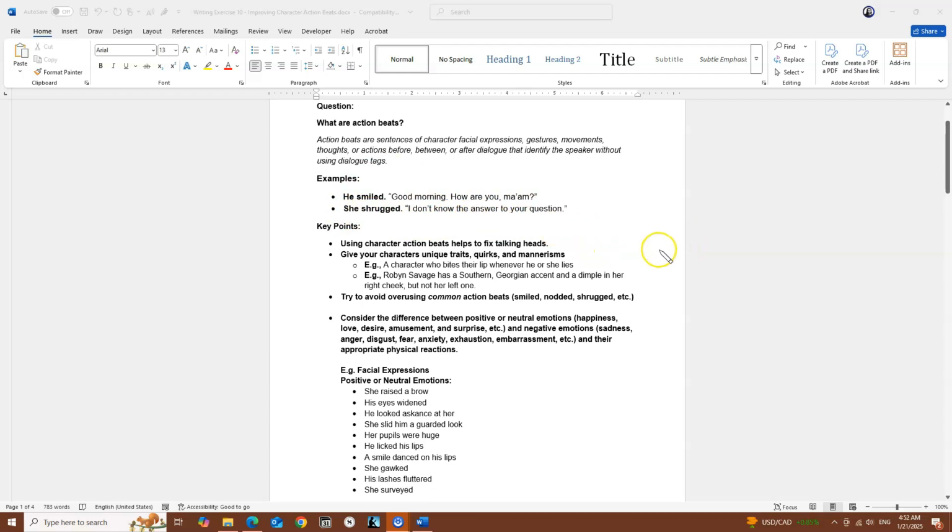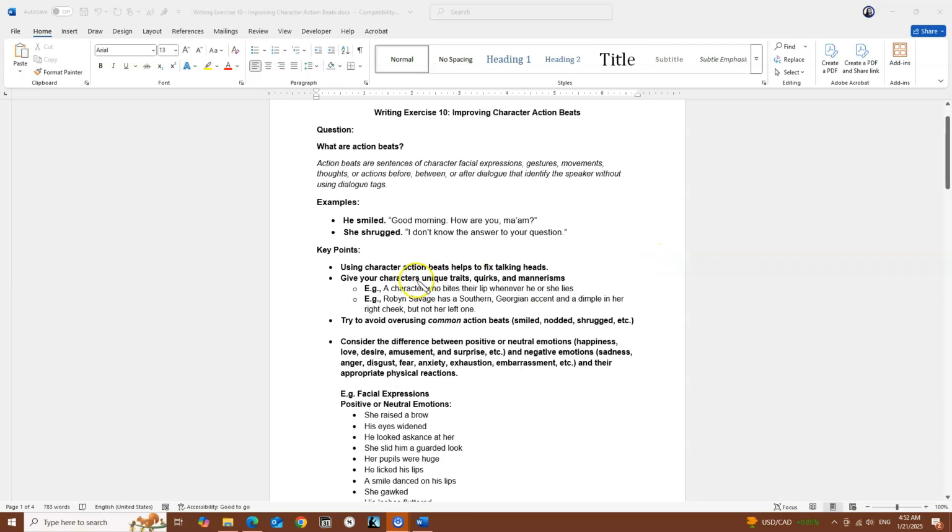Some key points when it comes to improving character action beats: firstly, using character action beats helps to fix talking heads. If you don't know what talking heads is, it is a writing reference for dialogue where readers aren't able to properly identify who is saying what in a particular scene.